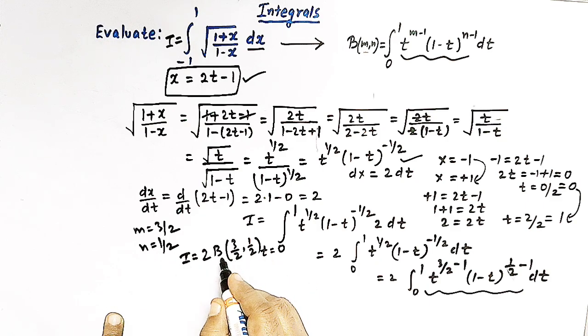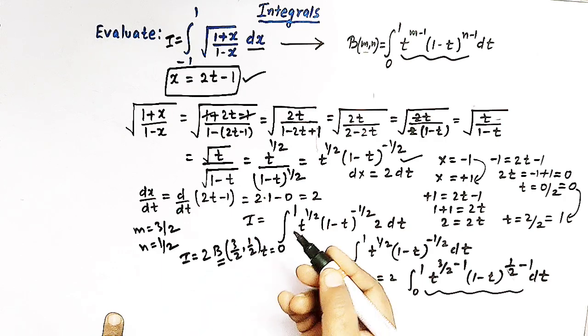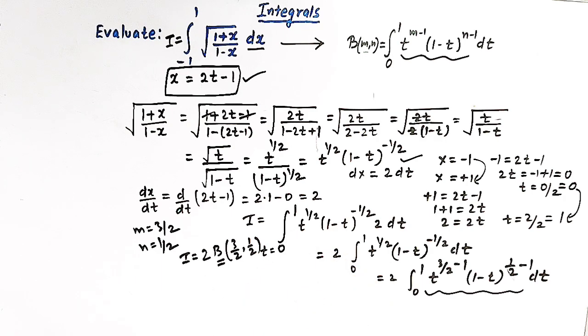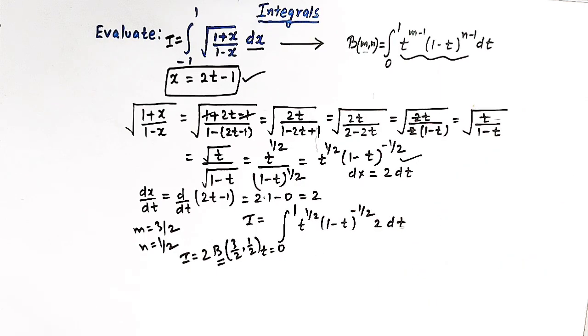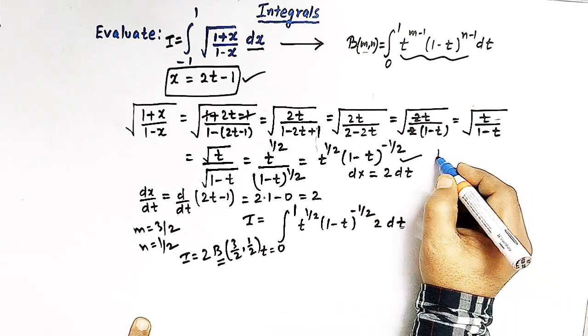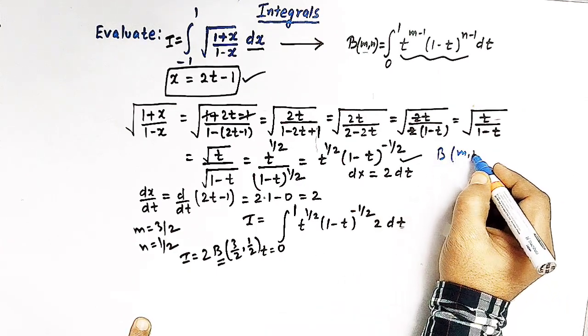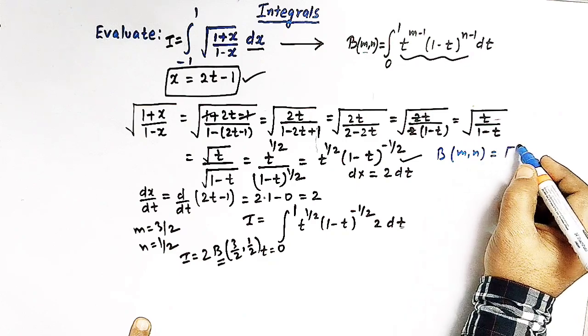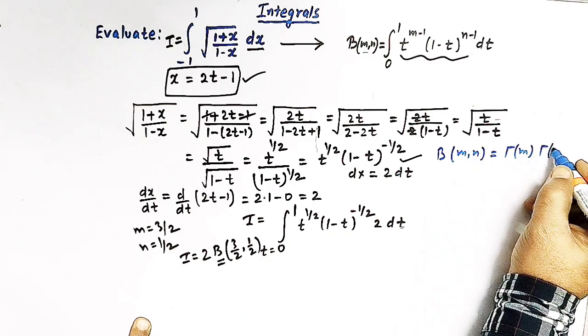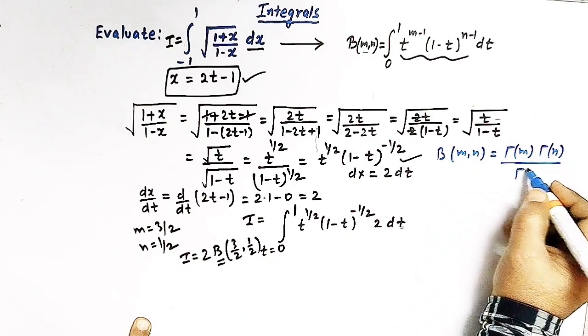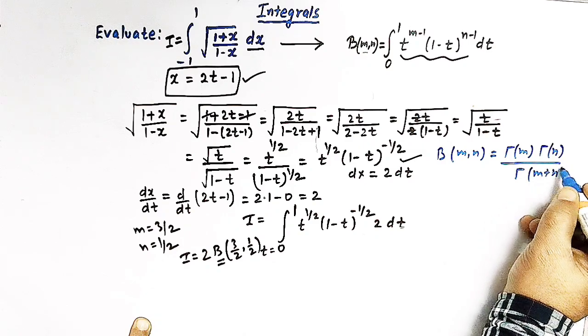And to calculate the value of this beta function, we can make use of one important relation between a beta function and gamma function. So now we know that beta m comma n is equal to gamma m, then we have gamma n divided by gamma m plus n.